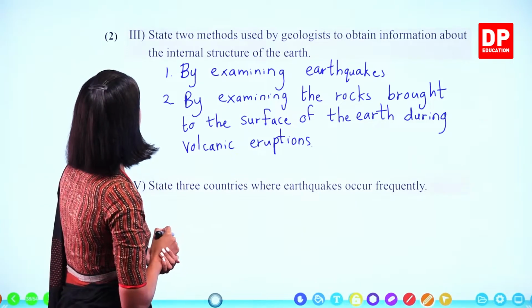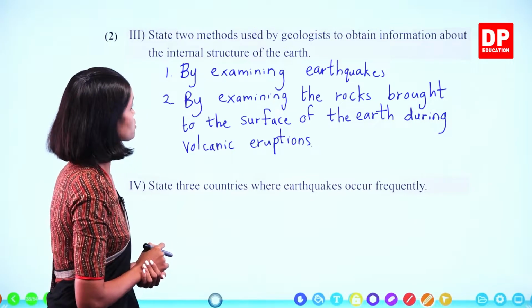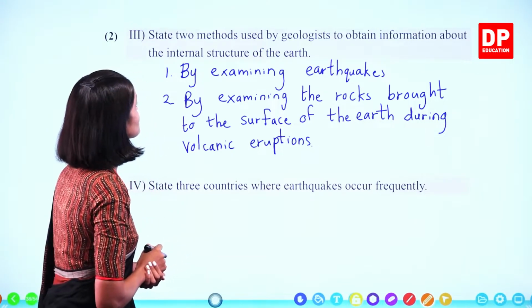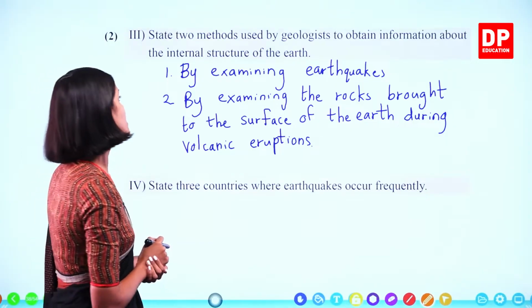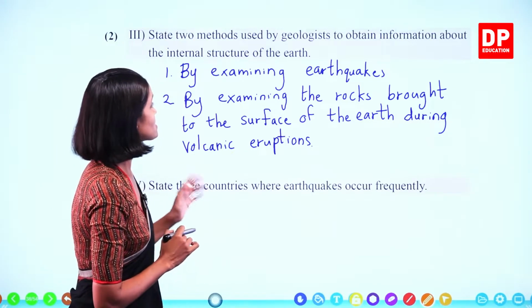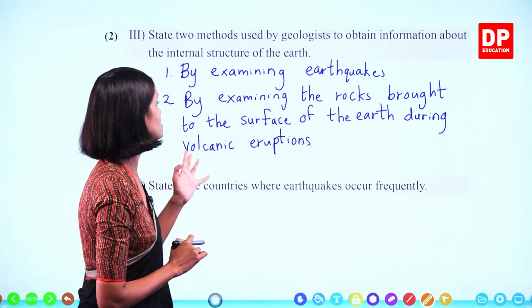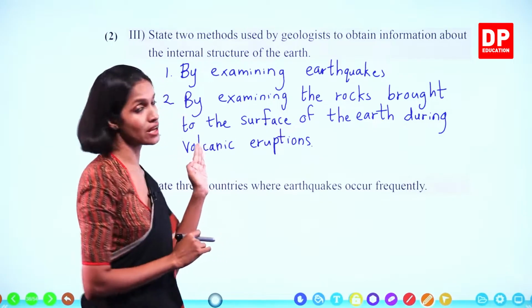Right, children? State 2 methods used by geologists to obtain information about the internal structure of the earth. By examining earthquakes, and by examining the rocks brought to the surface of the earth during volcanic eruptions.